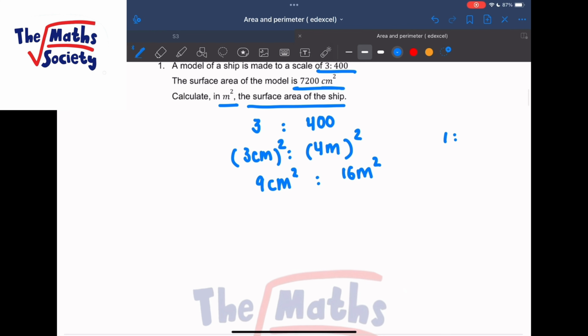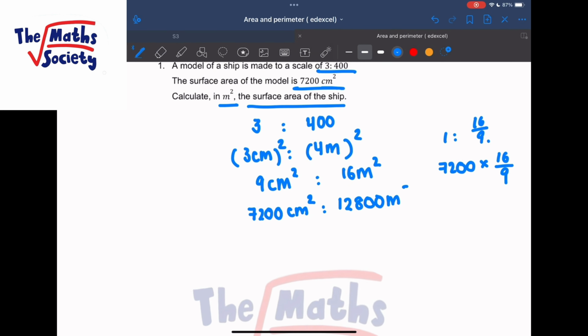We know that we have 7,200 for the model surface, so 7,200 would multiply with 16 by 9 to give the area of the ship, which will give 12,800 meters square. So the surface area of the ship would be equal to 12,800 meters square. Yep, and that's it for number one.